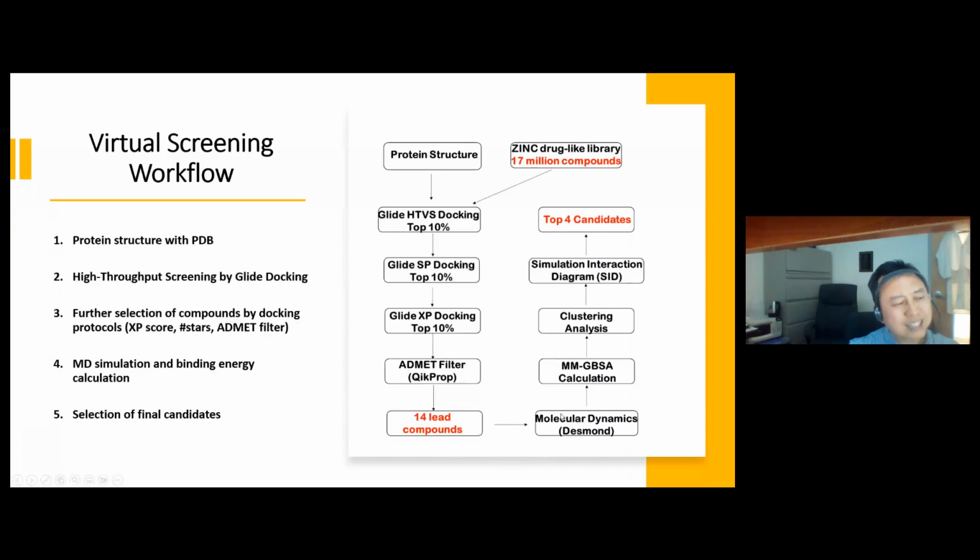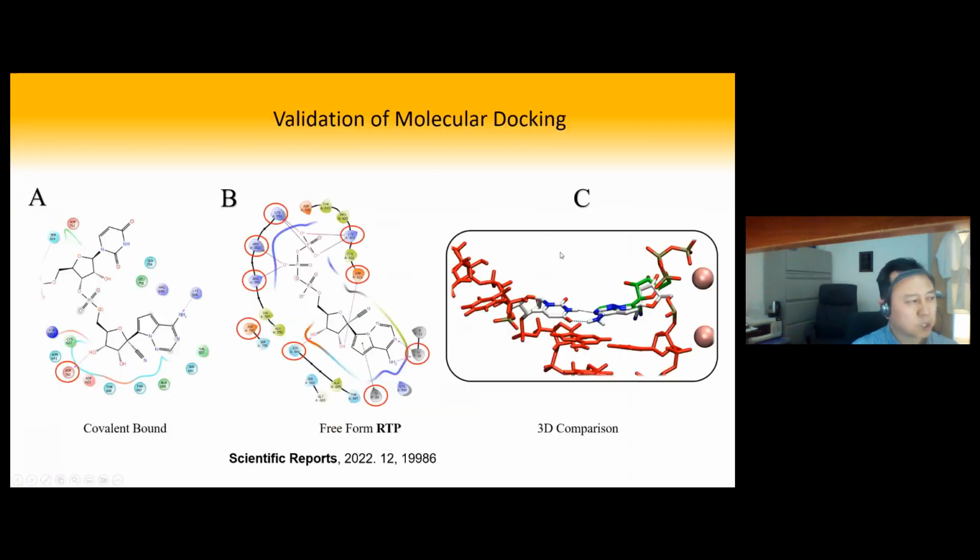Then we run molecular dynamics simulation, calculate the binding energy, and do some clustering to try to identify different molecular scaffolds, so we have more chance to succeed. Then we do a lot of analysis and use those molecular properties to help us pick the top compounds. So that's what we did.